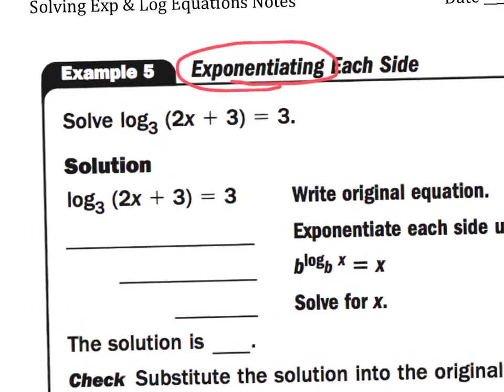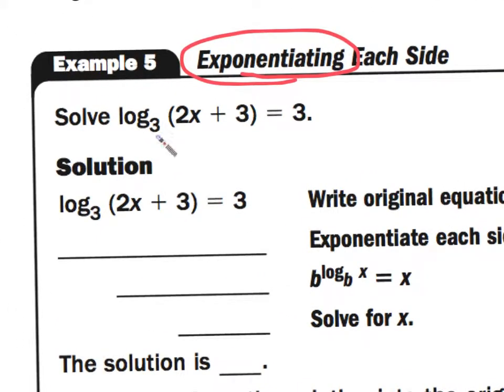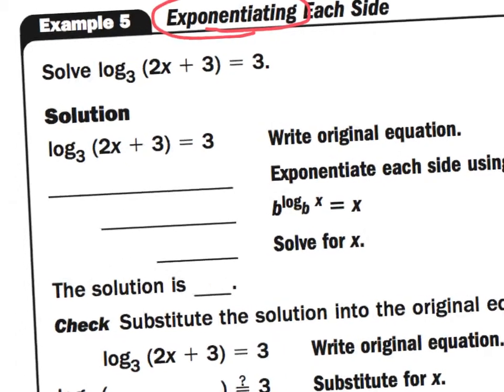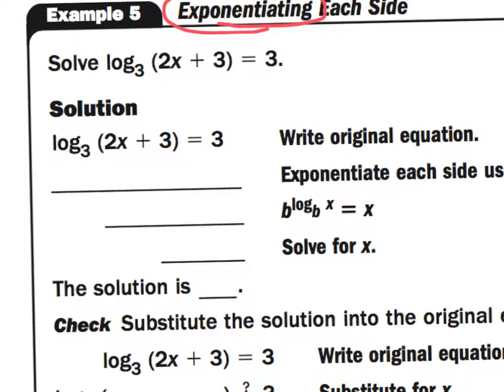So let's say here we have log base 3 of (2x plus 3) equals 3. So let's see what we are doing here. To exponentiate each side kind of looks like this. Notice I have a base of 3 there. So if I make a base 3 on both sides, in other words, this entire log and this small 3 all become exponents.